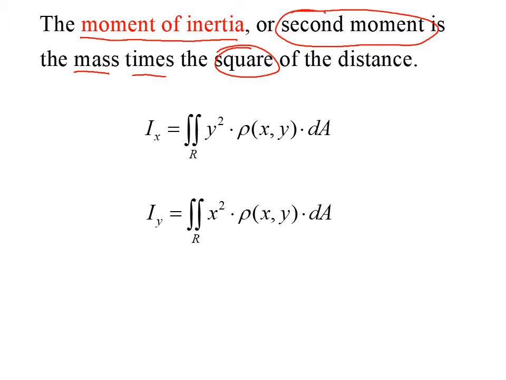So notice the inertia about the x-axis is the mass, that's all of this, times the square of the distance from the x-axis. And again, that would be the y. And similarly, the inertia about the y-axis.